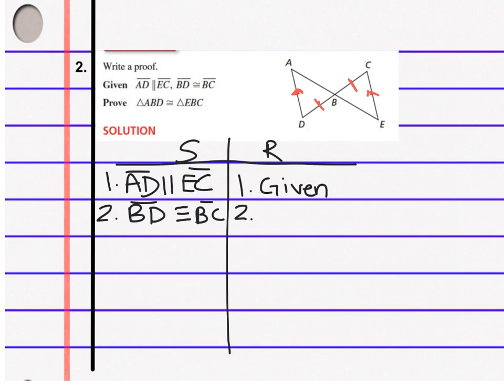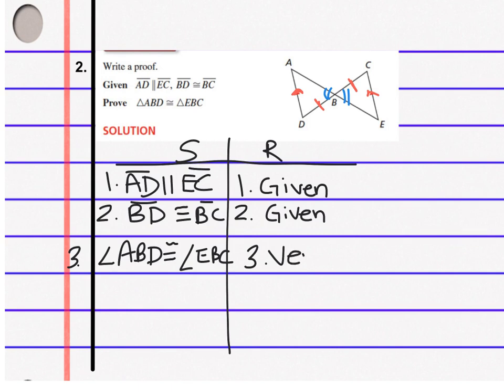Okay, then let's think, is there anything else we can add in this picture? Hopefully you're thinking we can add these vertical angles. So I'm going to call those vertical angles. Angle ABD is congruent to angle EBC, and my reason is going to be vertical angles.